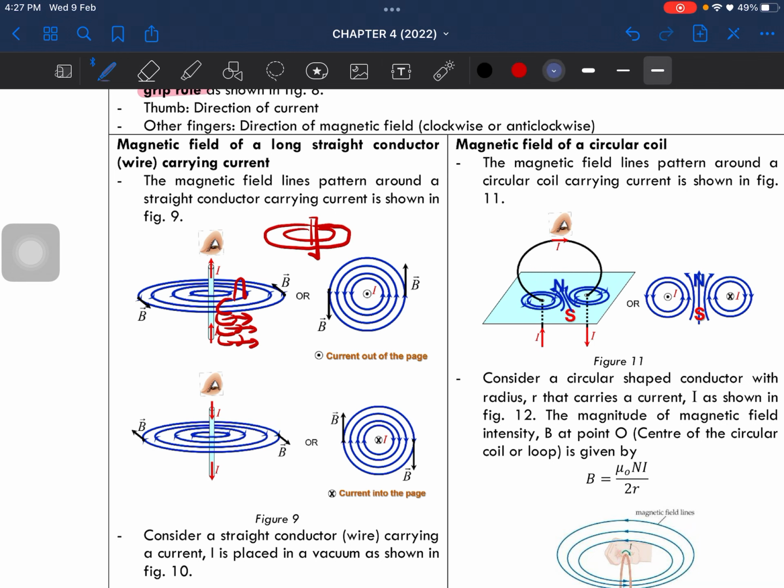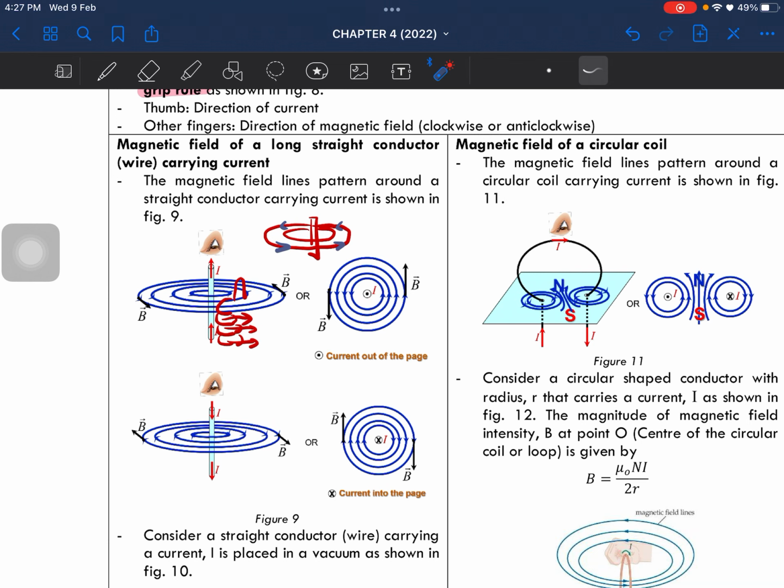That's why the drawing of the magnetic field is like this, because it all points following the other fingers based on the right hand grip rule. It's easy to draw it this way, so we usually draw it like this.